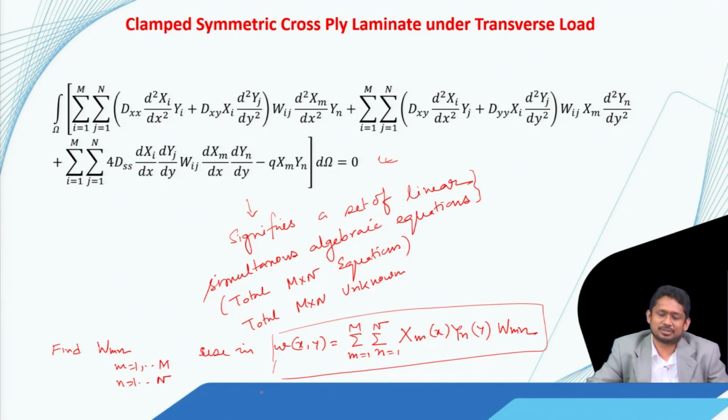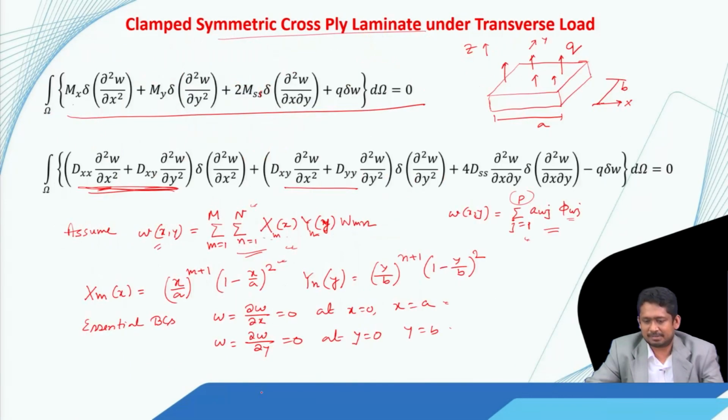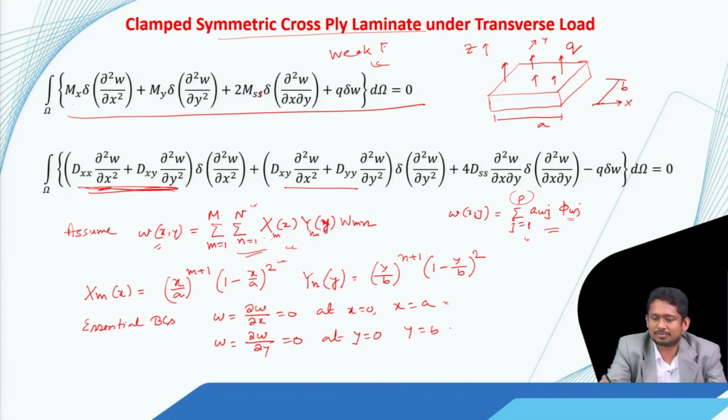Now, in the Navier solution, in the Levy solution, we solve the differential equation as it is, but when we do a Ritz method based solution, then we do not directly solve the differential equation, rather we bring it into a form like this, a variational form, and this is also called a weak form. So, whatever we derived in the last lecture, all those are called weak forms.